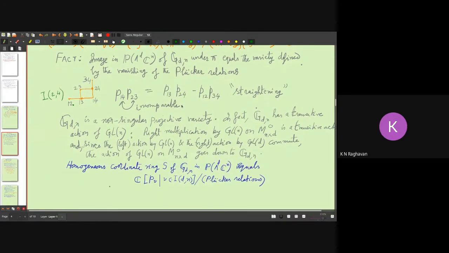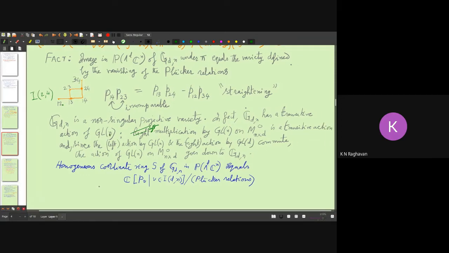Okay. So G_{d,n}, the Grassmannian, is a non-singular projective variety. Why is this non-singular? G_{d,n} has a transitive action of GL_n. Remember, we realized G_{d,n} as a quotient of M_{d×n}, full rank matrices of size d by n, and used the action on the right of GL_d, but there is also an action of GL_n on the left. Left multiplication by GL_n on this space is transitive.